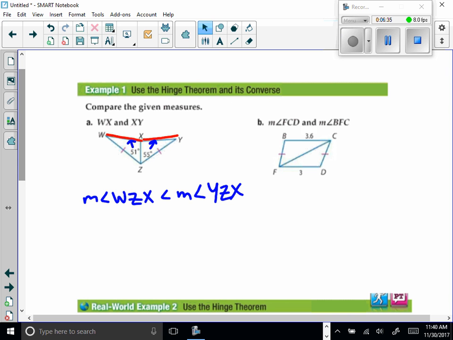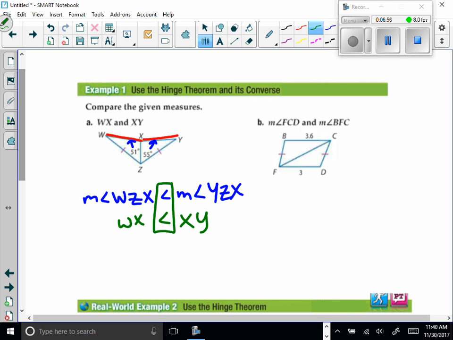Then our corresponding opposite sides are going to have the same relationship. The side that's opposite WZX is WX, and it's going to be less than XY.